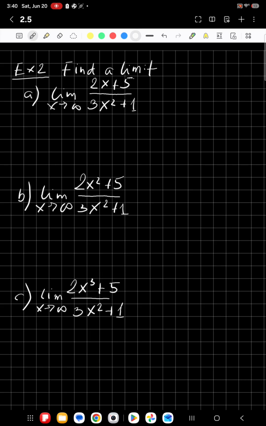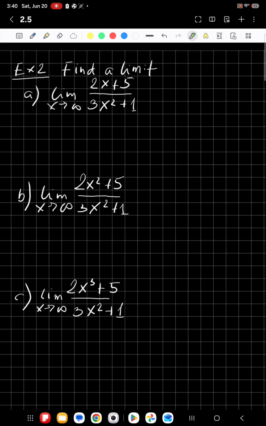Maybe we'll start by just thinking about it. When you look at that first one, just like in the problem before, we can ignore that 5 and ignore that 1, because when the numbers are large, those two constants don't really matter.